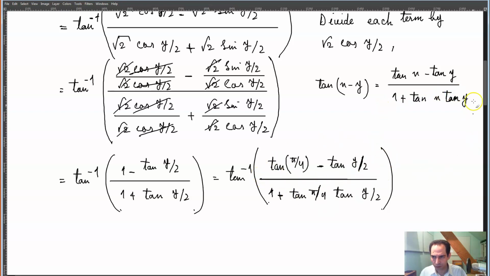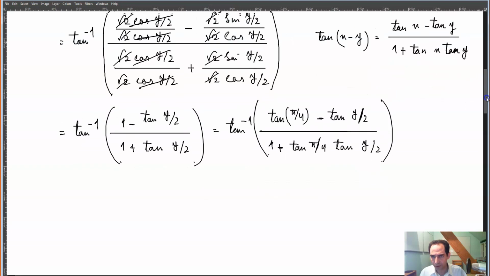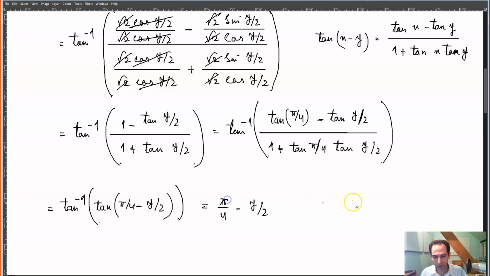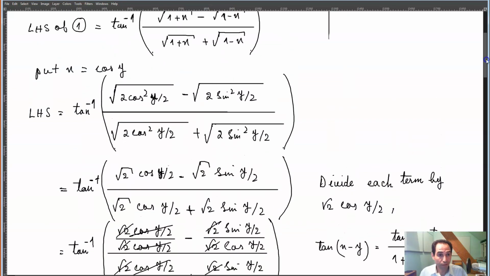So based on this formula, you can write this as the tan inverse of tan of pi divided by 4 minus y divided by 2, and then you can write it as pi divided by 4 minus y divided by 2, right?